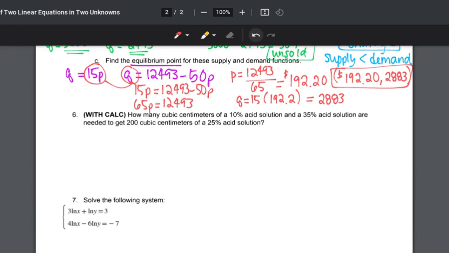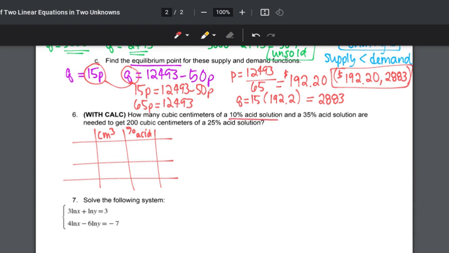All right, so the way that we'll set this up is we're going to basically make like a little grid. And our first thing is that we need to represent the cubic centimeters. And then the second thing we need to represent is the percent of acid. We are told that there is some 10% acid solution.